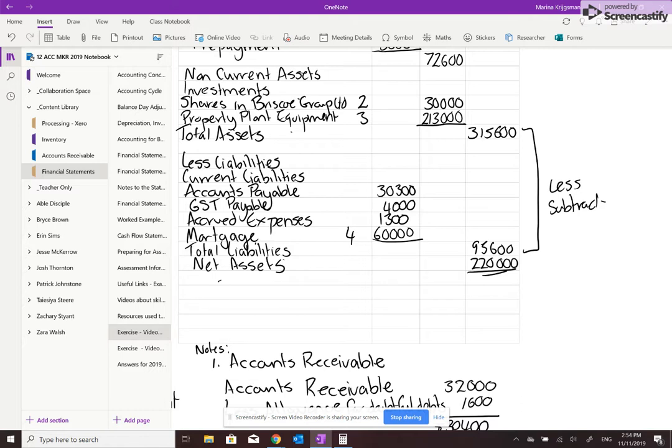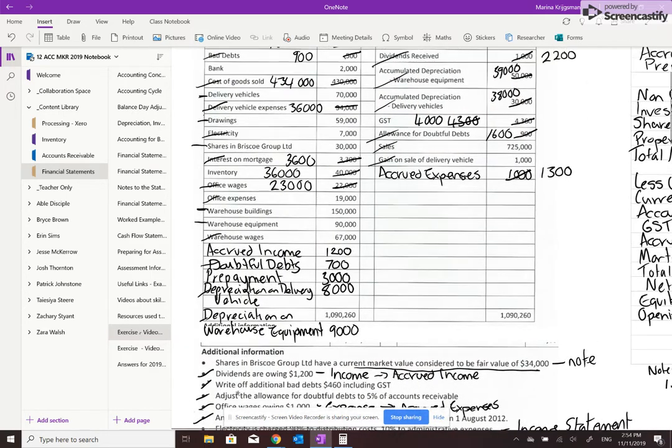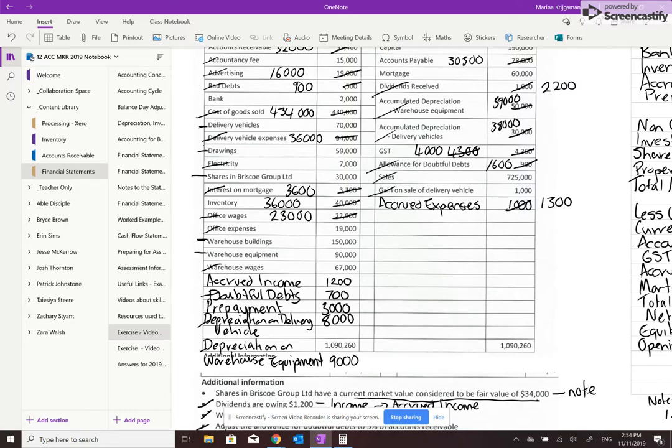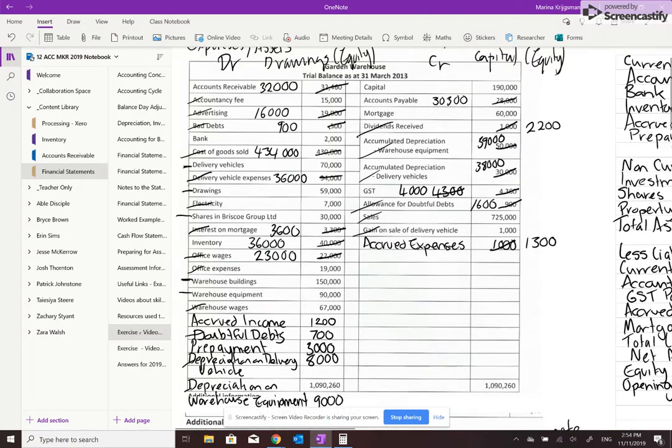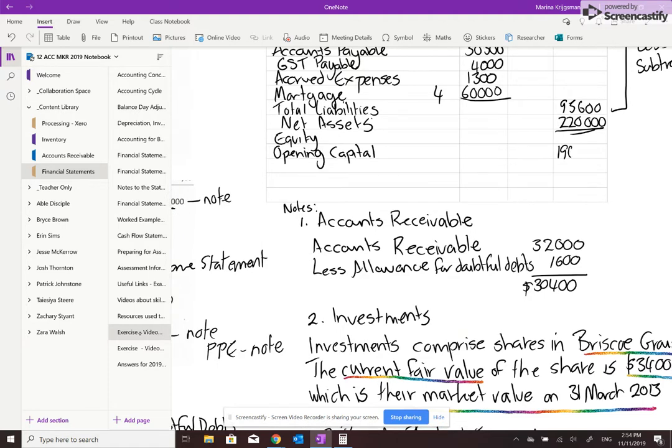Right, the last part that we've got to do is our equity. So we're going to start with our opening capital, which comes from our statement. So it's 190,000. So I'm going to put that in.